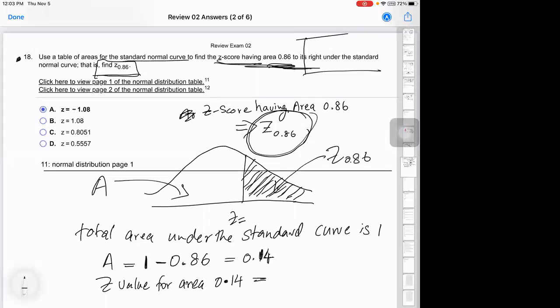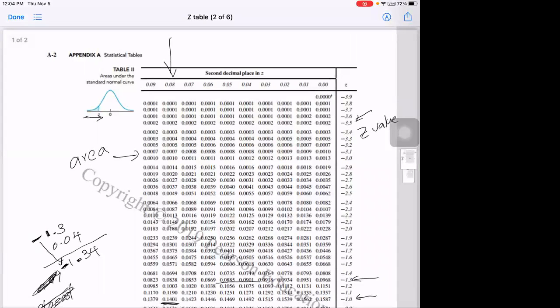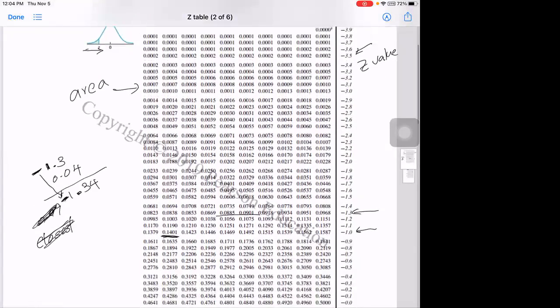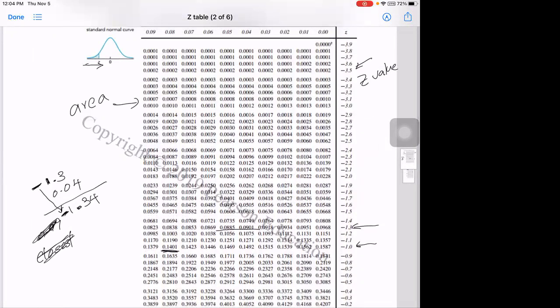So the C value for area 0.14 is, if you go to the table, I'll show you, area 0.14 you can find from the table. 0.1, 4 is here, 1, 4, 1, 2 is here, see, you can see 0.14. The closest value is 0.1401.